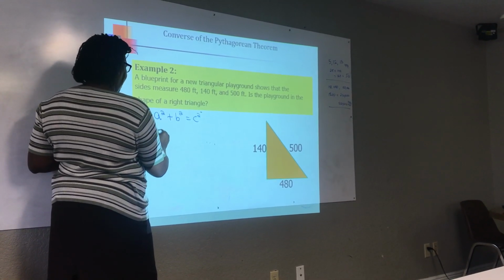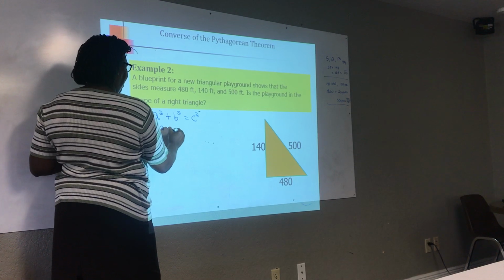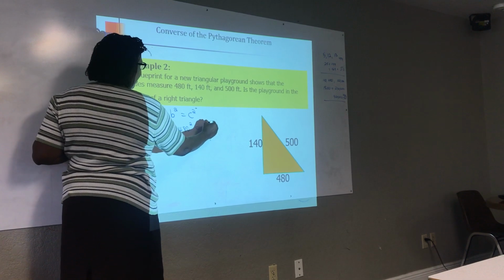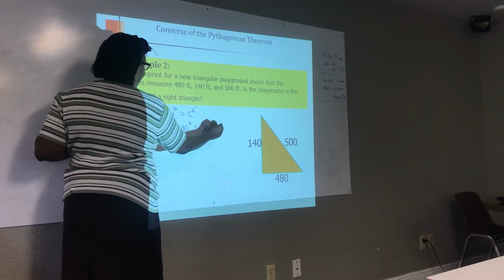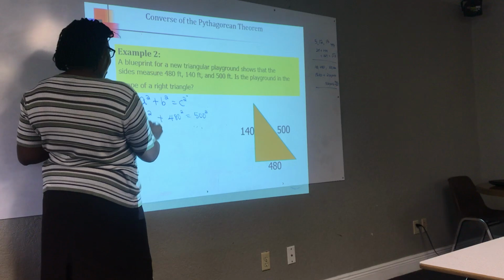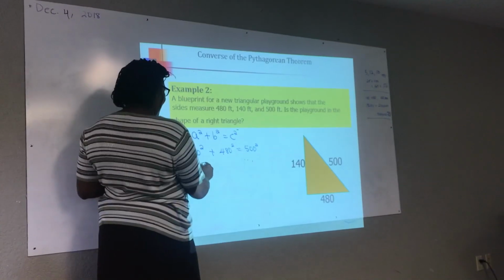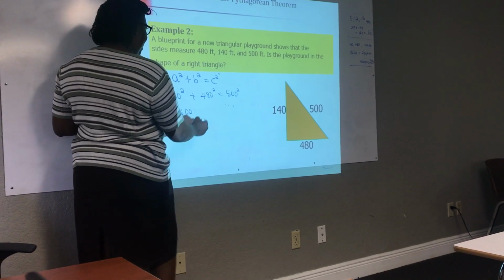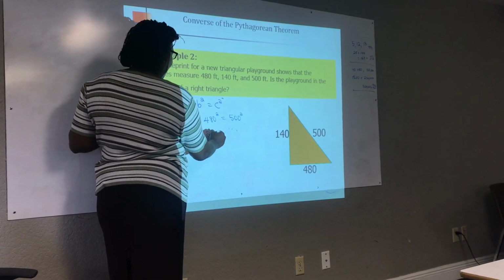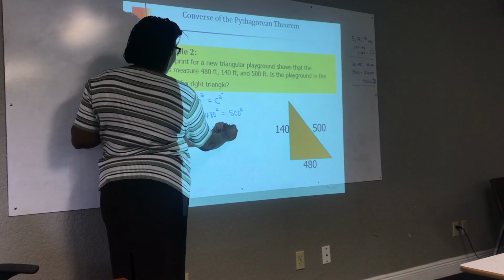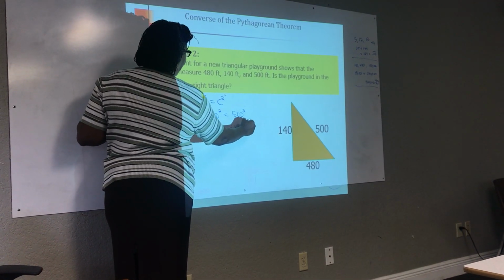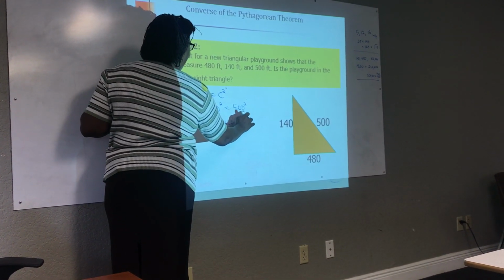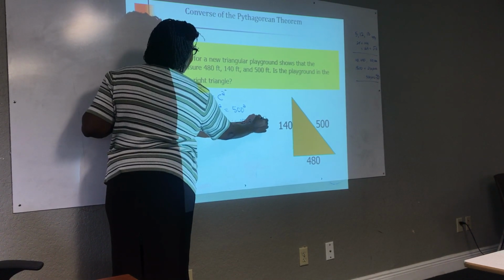Let's plug those numbers in. 140 squared plus 480 squared is equal to 500 squared. 140 squared, if we put that in the calculator, is 19,600, plus 480 squared, which is 230,400, and that should be equal to 500 squared, which is 250,000.